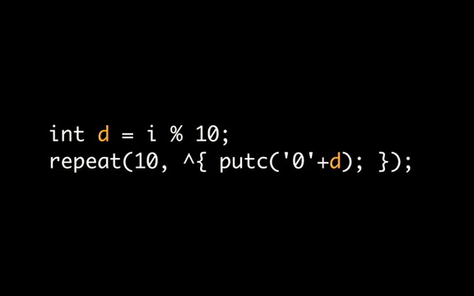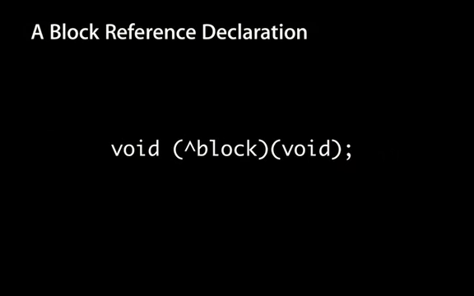So let's take a look at this in more detail. How would we implement the repeat function? First of all, one of those blocks looks kind of like a function pointer, except we use the caret symbol instead of the star. Otherwise, this is like a function pointer declaration, so it ought to be somewhat familiar to you.